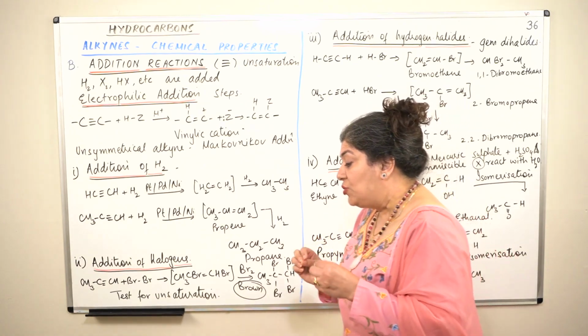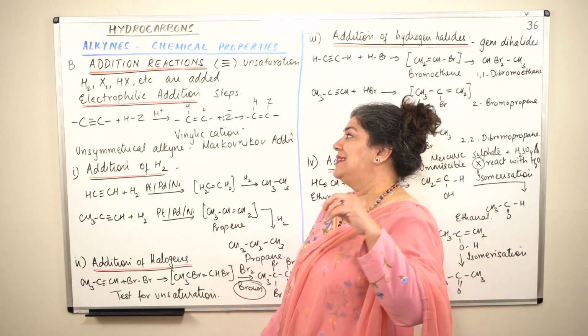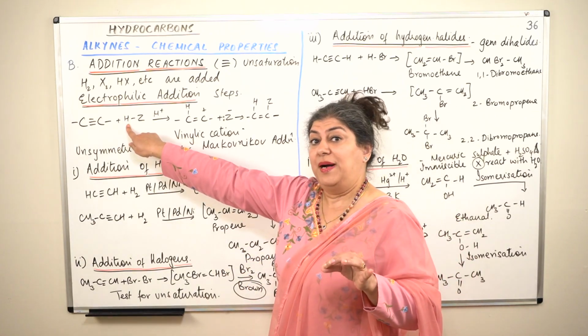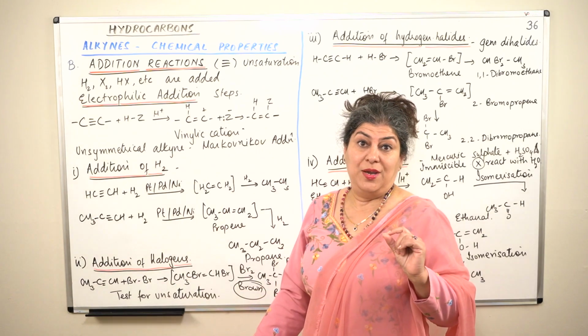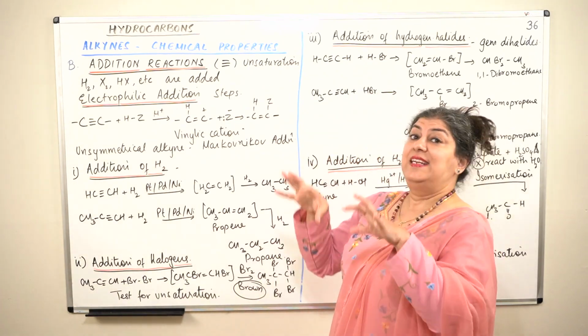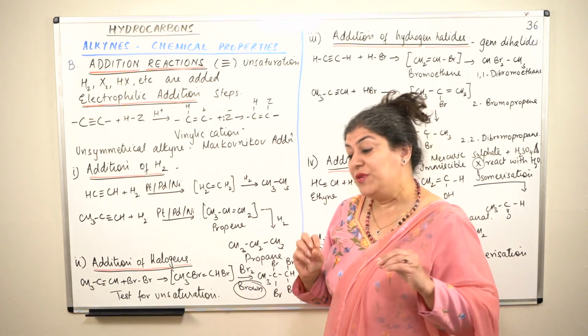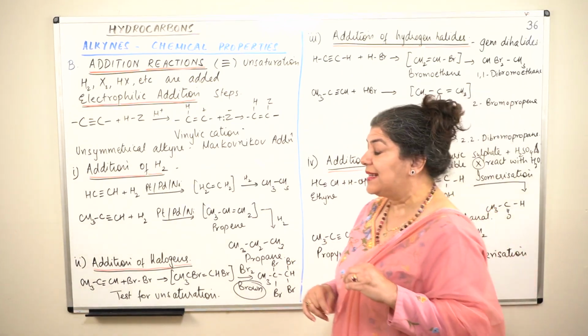In the next step, again the H and Z can add on and remove the second pi bond also. Now it is important to remember here that when the second addition takes place, it again has a positive part, hydrogen, and a negative part. The second addition would take place according to Markovnikov rule. What was the Markovnikov rule? Let us remember that again.